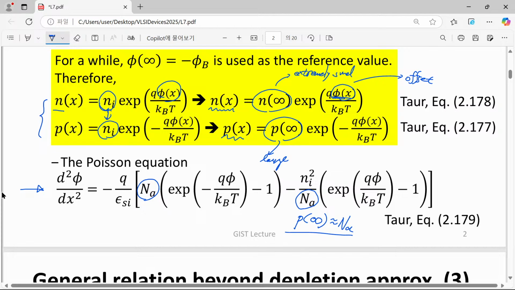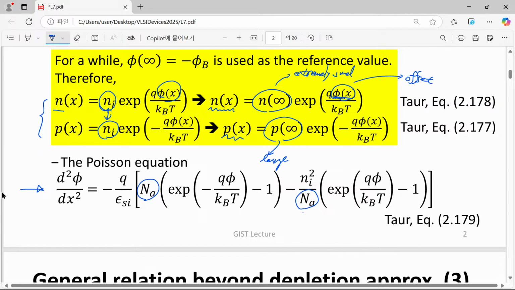For example, if you apply 10 to the 17 per cubic centimeter as your Na, then your hole density is also corresponding to that number, 10 to the 17, with a really small error. So I think it is completely okay to write it down in this way. But if you are concerned, then instead of this Na, you may write p at infinity.